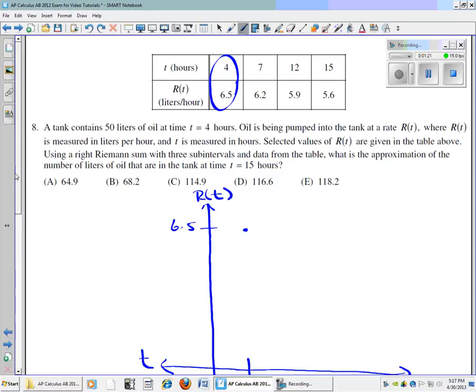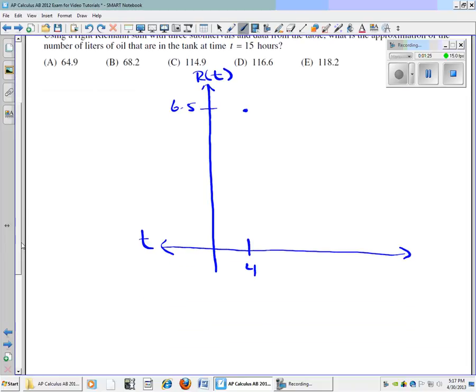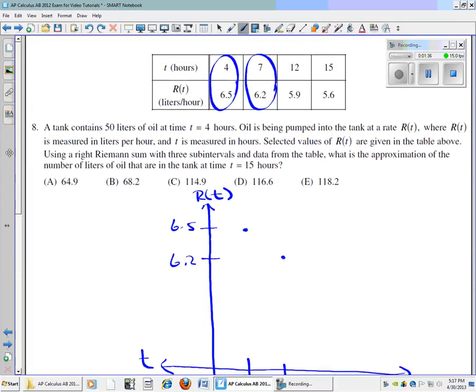And let's look at the next one, 7 and 6.2. So let's go over to 7. Let's go up to 6.2 and put a point. Let's do the same for the next two values. We'll have 12 and 5.9.